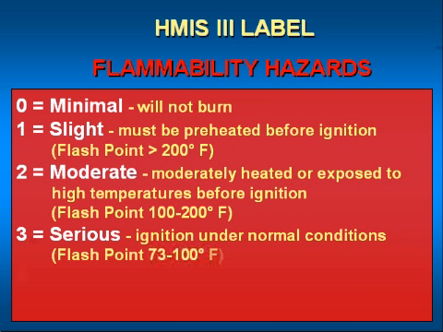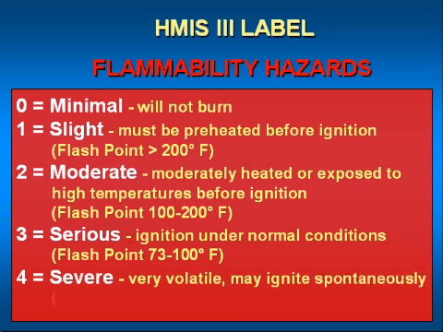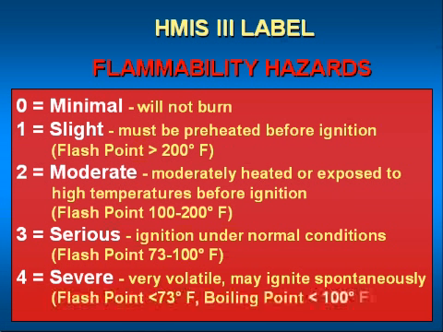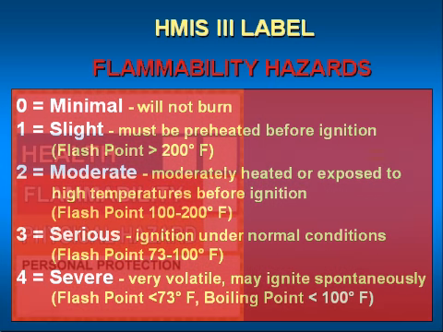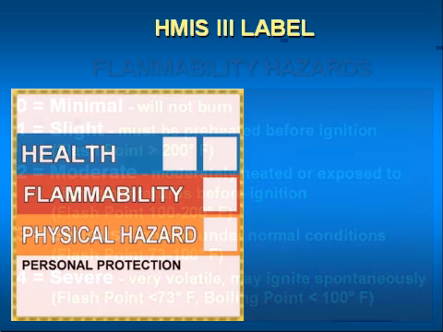Although once we reach 4, the most severe of all flammability hazards, we start to see that it can occur at any flash point temperature less than 73 degrees. This is where things like starter fluids that contain ether or ether-type components are used to start vehicles in sub-zero weather.